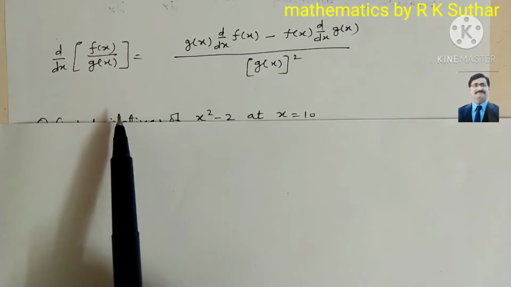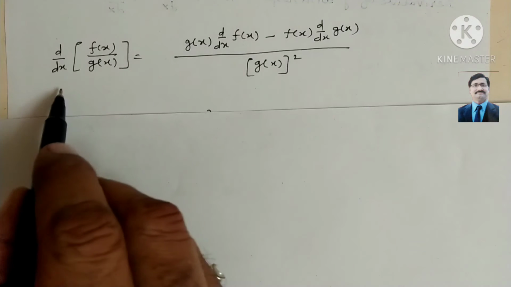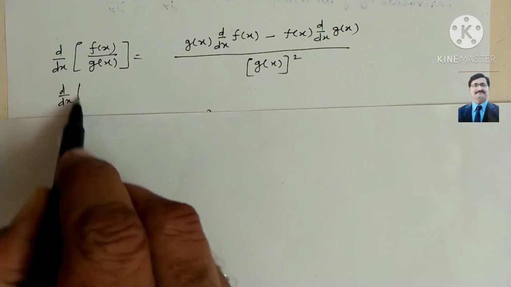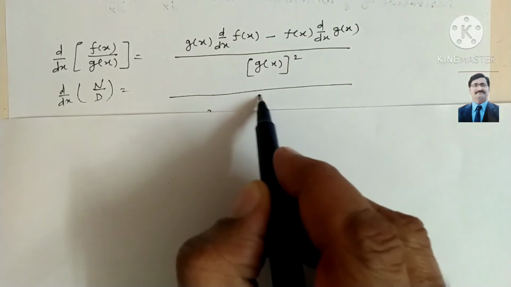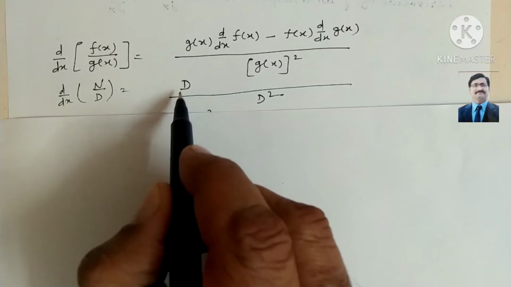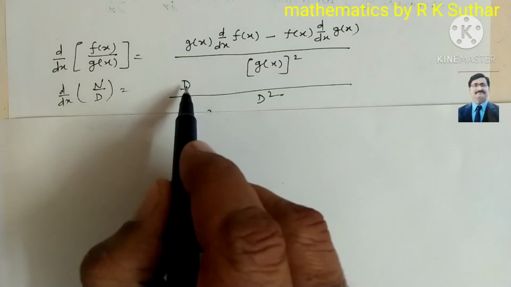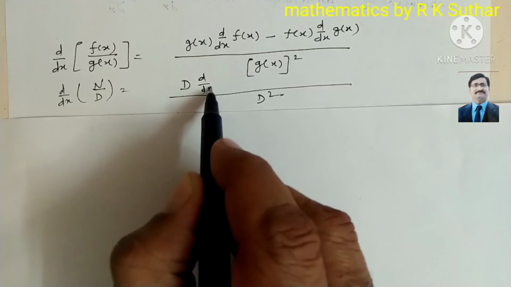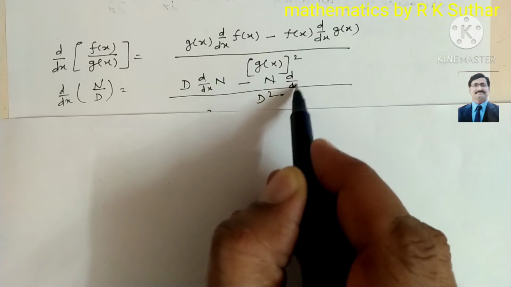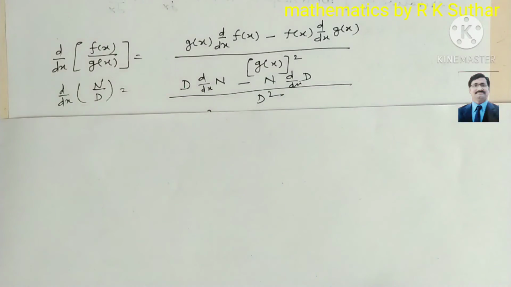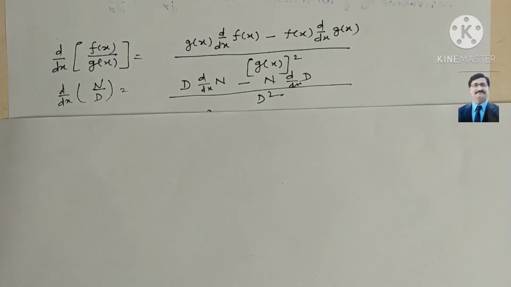You can understand this formula in another way also: the differential of numerator upon denominator has denominator square in the denominator, and in the numerator we have denominator into differential of numerator minus numerator as it is into differential of denominator. So this way we will use this formula.